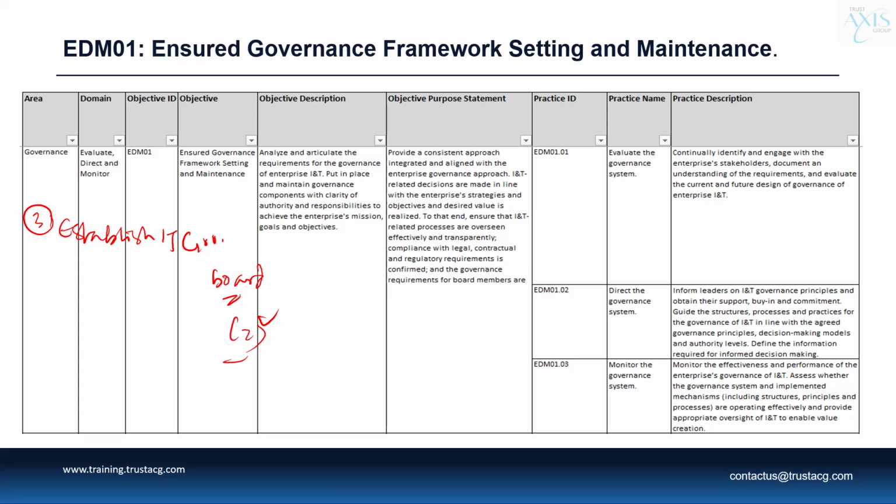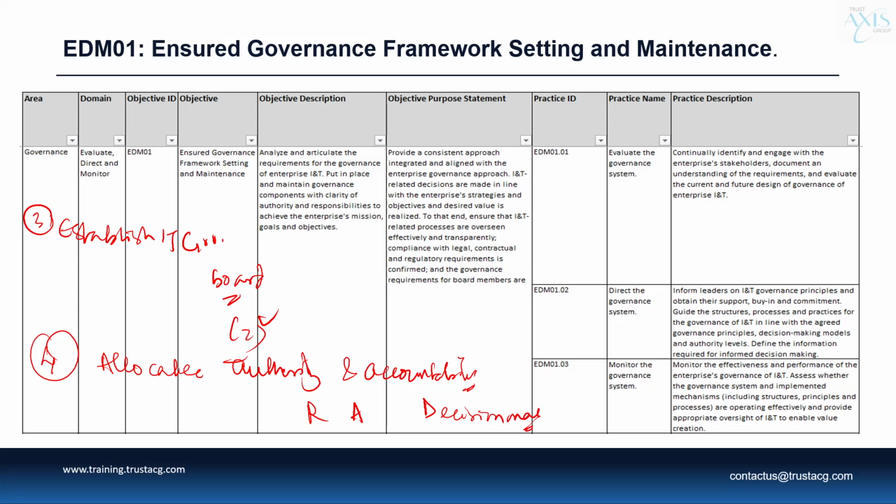And then the other thing that you could do is allocate authority and accountability, right? This is important. Now, you need to define who is responsible, who is accountable, for IT related decision making, following the models that we discussed in other activities or other practices within this particular governance objective.